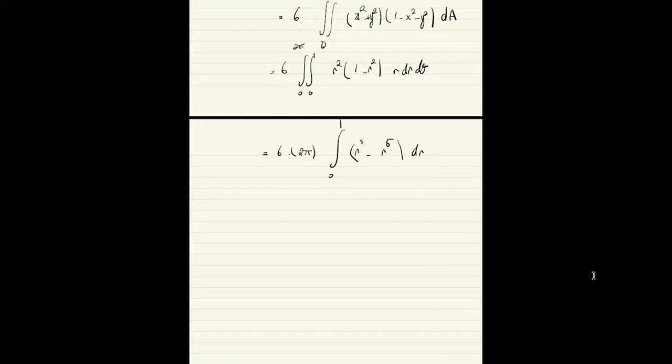And so 6 times 2 pi, r to the 4 over 4, between 1 and 0, minus r to the 6 over 6, between 1 and 0, which gives pi.